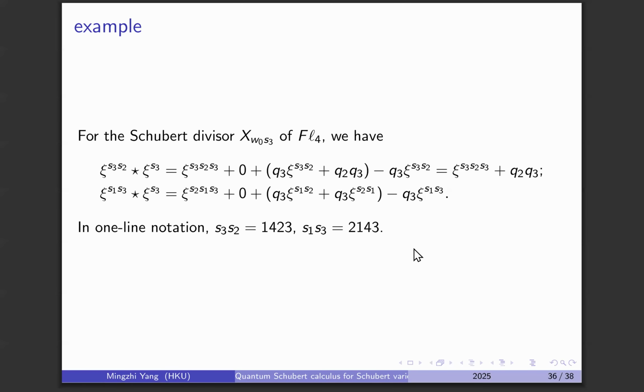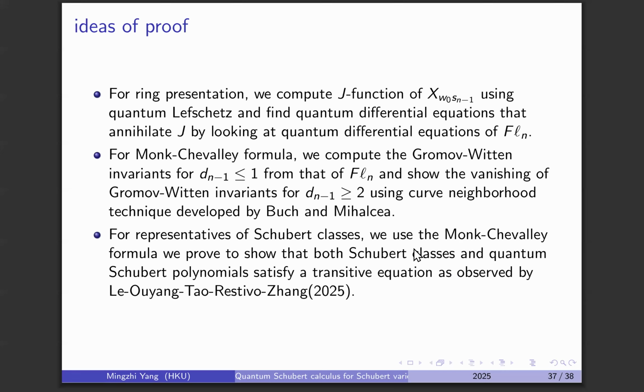And then in the end, I can talk a little bit about the idea of the proof. Recall that from the superpotential and the extended Peterson variety, we already have a conjectural ring presentation. To prove the ring presentation, we compute the J function of the superdivisor using quantum Lefschetz, because we know the J function for the full flag varieties.